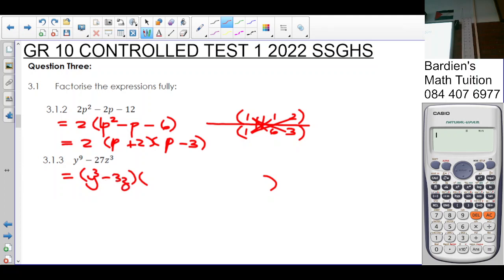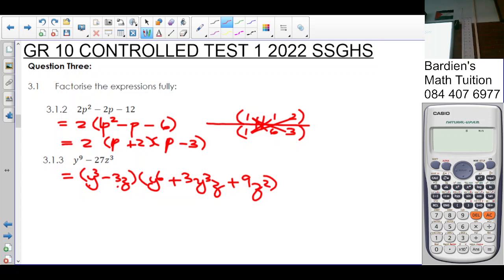So what do we do with the first term? We square it, not so. So squaring the first term, y cubed all squared is going to be y to the 6. This is negative, so there it goes positive. y cubed times 3z is going to be 3y cubed z. And negative 3z all squared will be positive 9z squared.